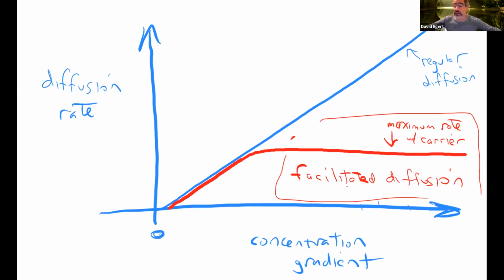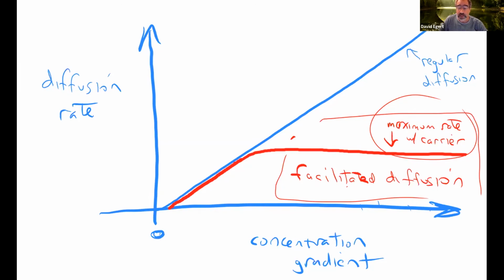We have the carriers in the tubules of the kidneys and the nephrons that are recovering the glucose from the filtrate. Normally they have the capacity to pull it all back, but when you have diabetes, you overwhelm their ability to pull things back since they're rate limited, and you end up having glucose spilling out into the urine.